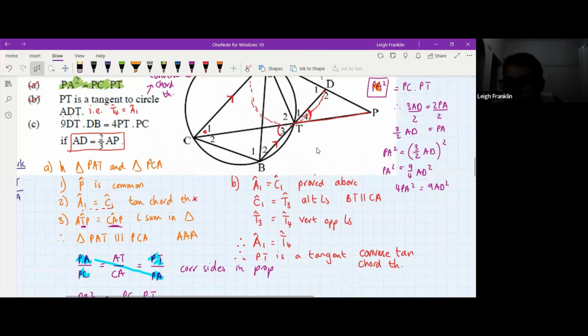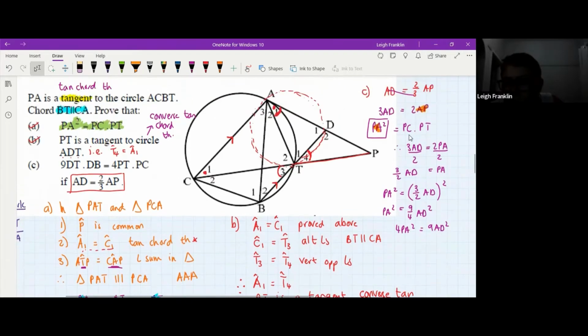And we know that PA squared is PC times PT. We know that PA squared, so that's this bit over here, is equal to PC times PT. So I'm going to substitute: 4 PC times PT is equal to 9 AD squared.